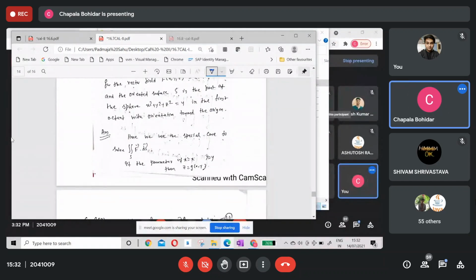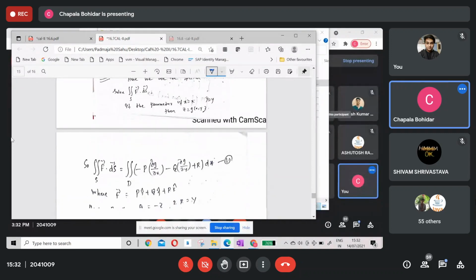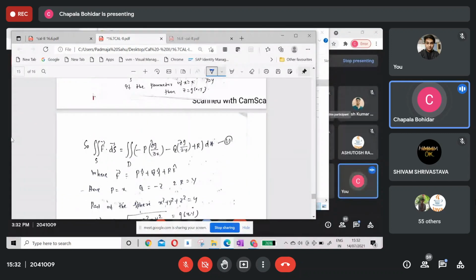Here we use a special case to solve F dot dS, where the parameters are x is equal to x, y is equal to y, and z is a function of x and y. So F dot dS can be written this way.